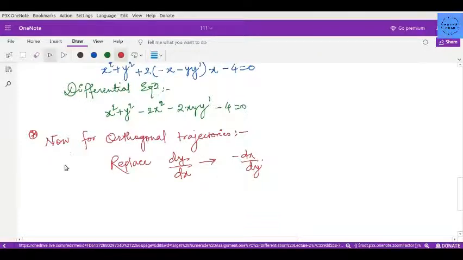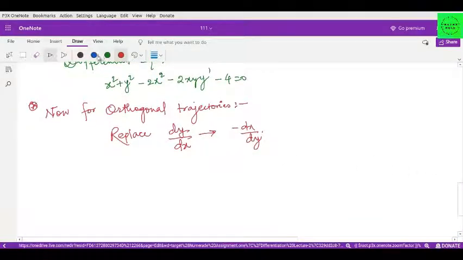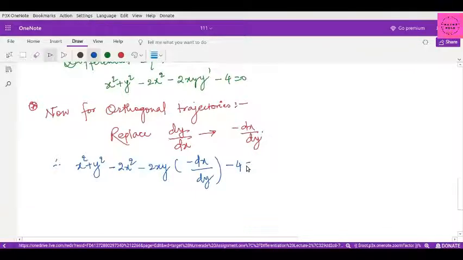This is the most important point of this problem, because here we have to replace dy upon dx with minus dx upon dy. Now the equation becomes x square plus y square minus 2x square minus 2xy into minus dx upon dy minus 4 equals 0.